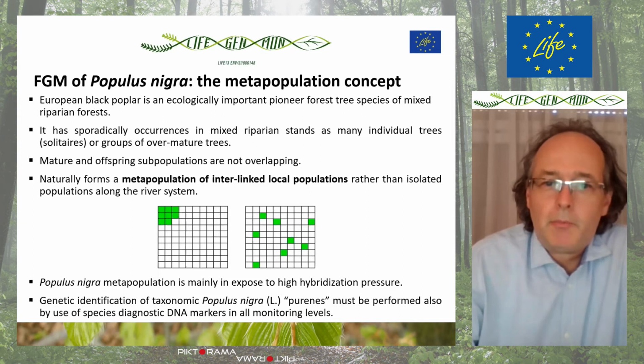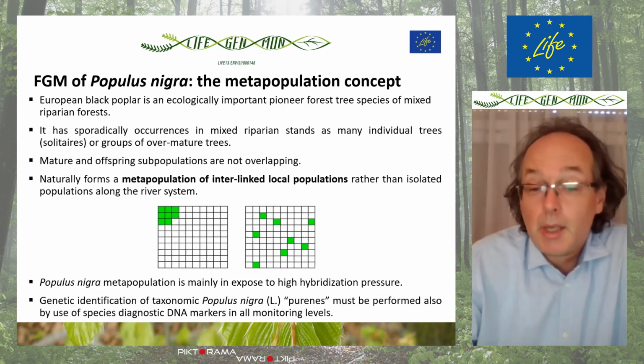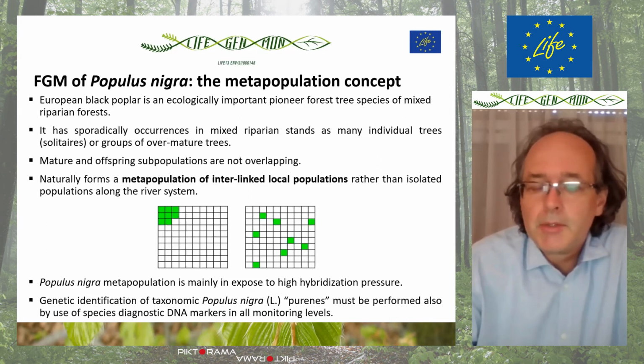The Populus nigra metapopulation is mainly exposed to high hybridization pressure because of plantations with exotic poplars, especially Populus deltoides and hybrid poplars.